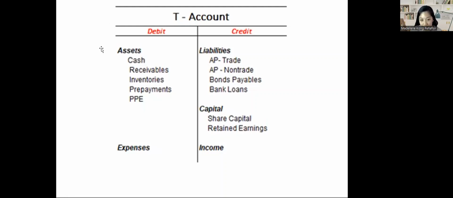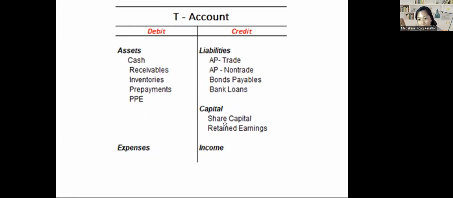If you still remember our previous discussion, assets is equal to liabilities plus capital. That is why assets is on the debit side, and on the credit side, on the other hand, are the liabilities and capital, because if we add these two, we will get the assets.